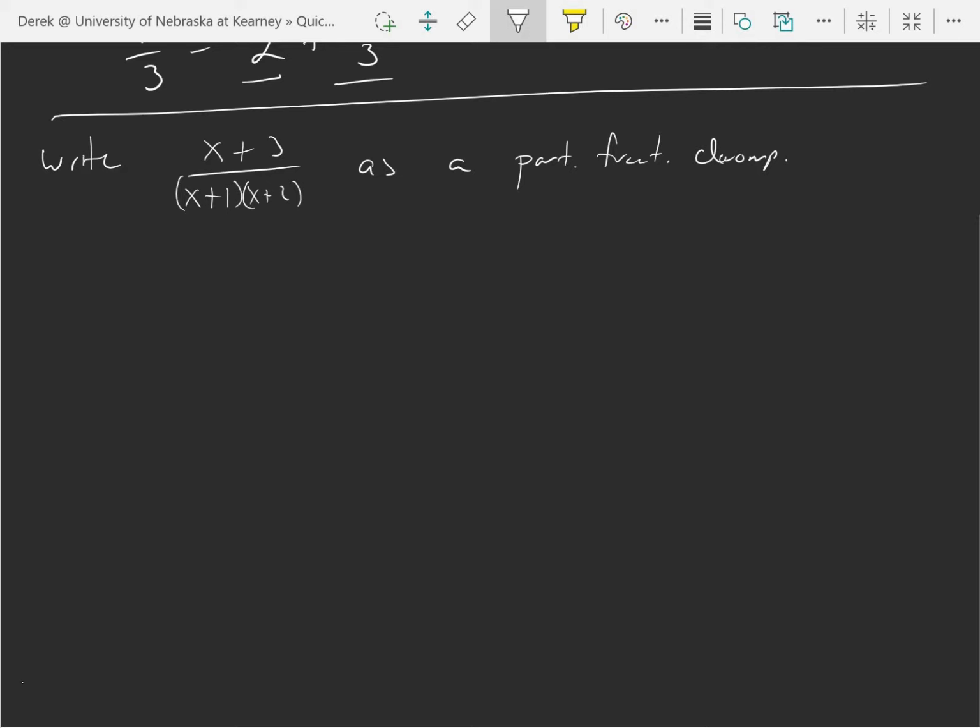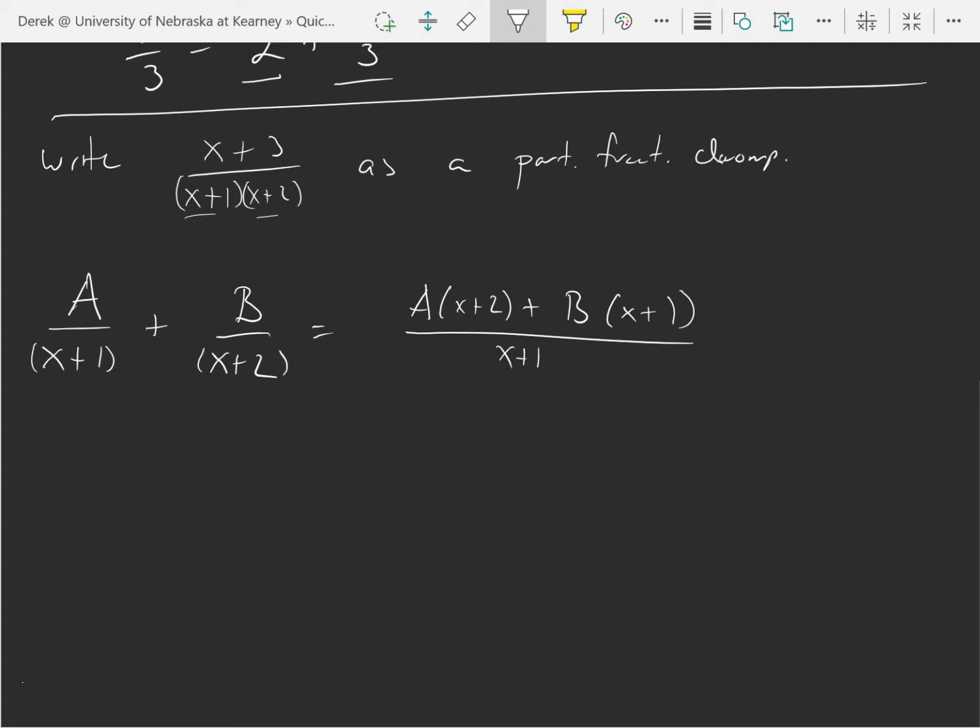So what that means is I've got these factors in the denominator, and the denominator looks like it could have been the common denominator for an addition problem. The addition problem being maybe I had a over x plus 1 plus b over x plus 2, and if I get a common denominator down here, this is going to be a times (x plus 2) plus b times (x plus 1) all over (x plus 1)(x plus 2).